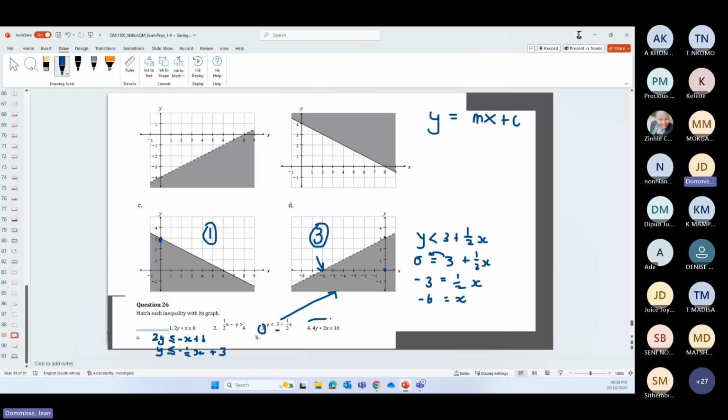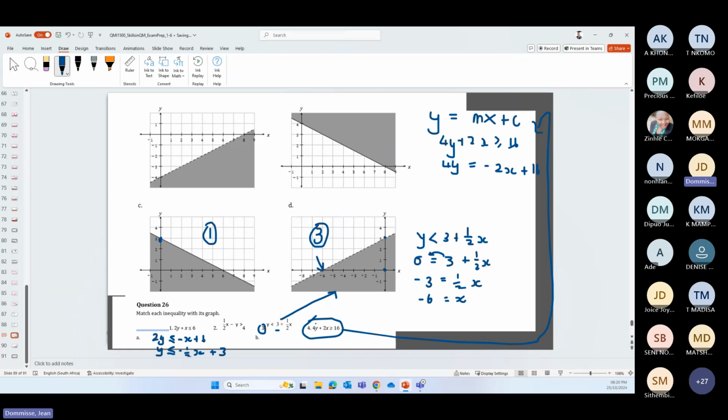So let's look at graph 4. Let's just write that down. So 4y plus 2x is bigger or equal to 16. So 4y will be equal to minus 2x plus 16.